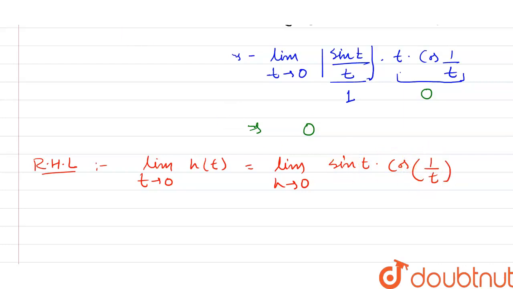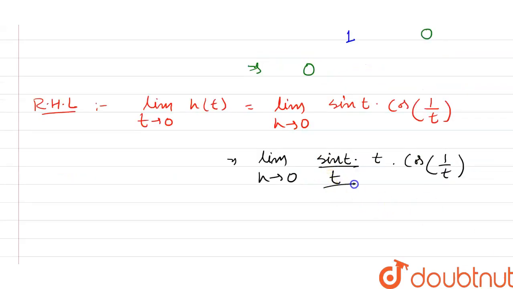Now here if we multiply and divide by t, this is equal to limit h tends to 0 of sin t upon t into t into cos of 1 upon t. Its value is 1, and here if we apply the limit, this is equal to 0. So again its value becomes 0.